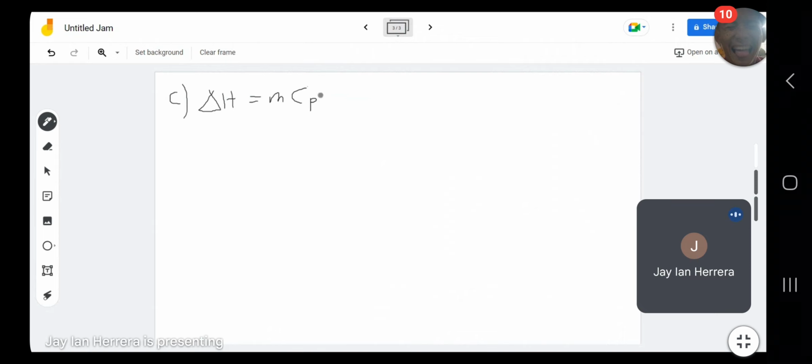Enthalpy is always m Cp delta T. So given tayo ng mass, that is 1 pound mass. Cp natin, that is 0.124 BTU per pound mass Rankine.